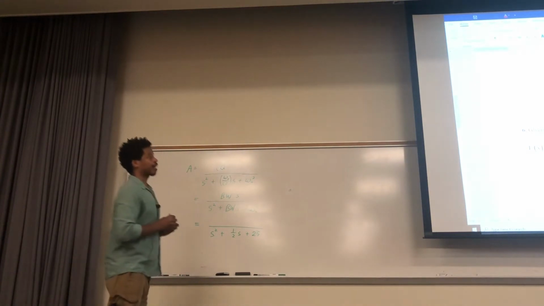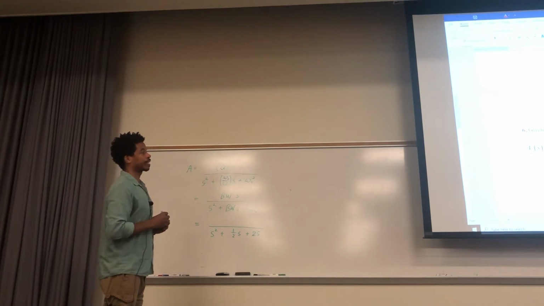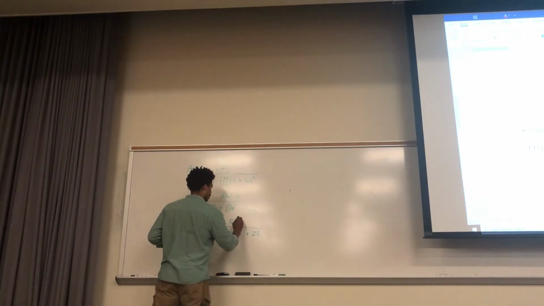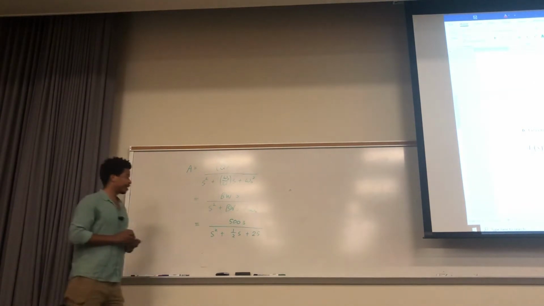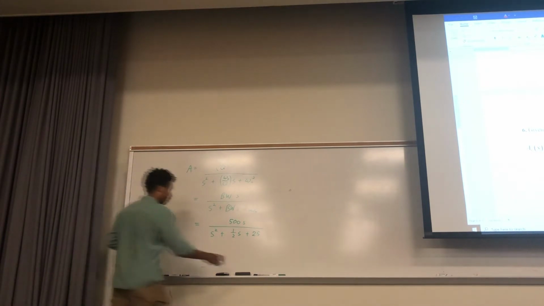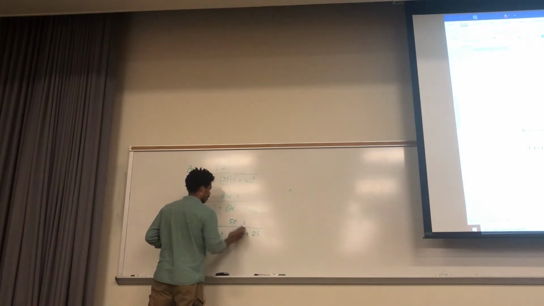And then 1,000 divided by 20 is like 100 divided by 2. So that's going to be 50. You guys agree with that?